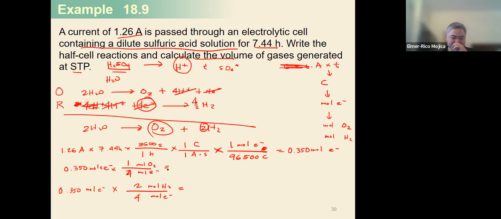And then from that, I can determine the moles of hydrogen. So 0.350 divided by 4, I have this value.